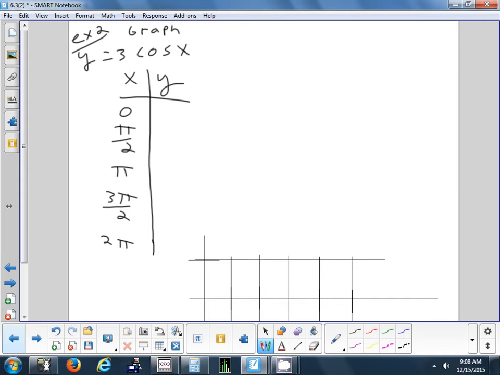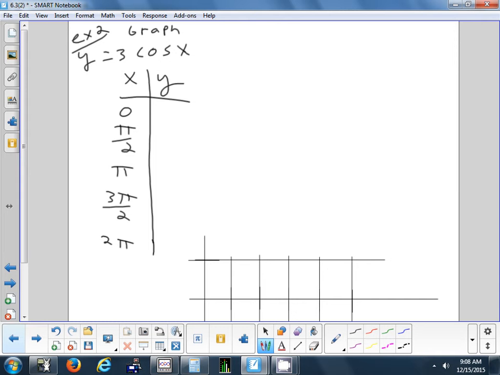Hopefully these are, at this point, starting to get a little bit more familiar. Memorizing those is a good idea. Amanda, what are my original y values for cosine? It was 0, 1, 0, -1, 0. Those are y values, but those are for sine.